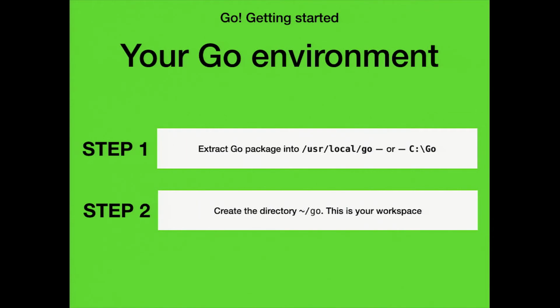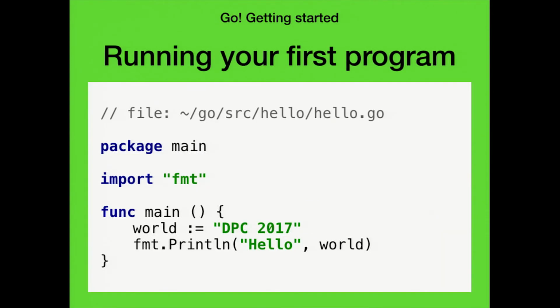So we create the directory home Go. So that's going to be your workspace. That's where all your source is going to live normally. So you can configure this with environment variables to live in a different place, but for the sake of convention and defaults, I would say don't touch it. But you can. So running your first program. It's the Hello World example from earlier.